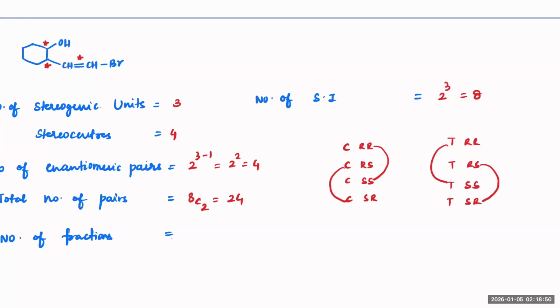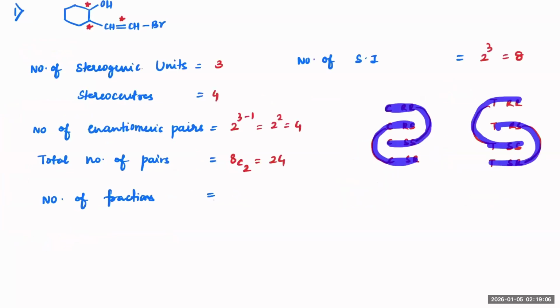Now, of course, I cannot separate the pairs, right? This and this we cannot separate out. This will come out as one fraction. These two will come out as one fraction. These two will come out as one fraction. These two will come out as one fraction. So in total how many fractions will you come across? 4 fractions.